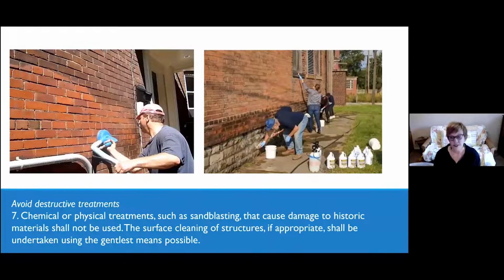So, avoid destructive treatments. Standard 7: chemical or physical treatments such as sandblasting that cause damage to historic materials shall not be used. The surface cleaning of structures, if appropriate, shall be undertaken using the gentlest means possible. So it's really about being careful with the products you use on historic materials.